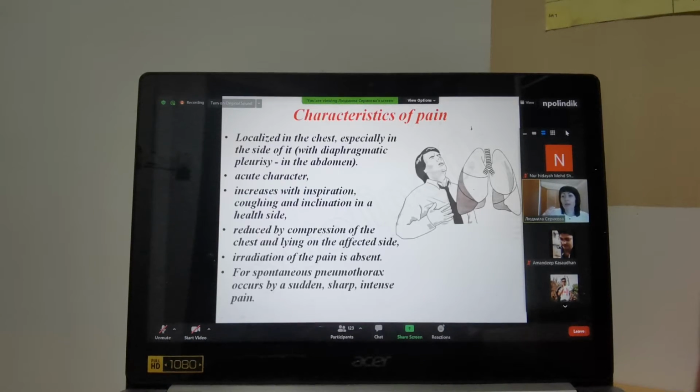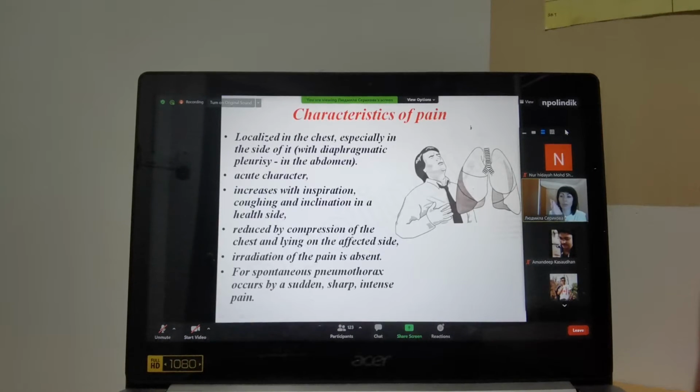If the affected side is known, the patient prefers to lie on the affected side. I think you explained before, because in the pleura we have two layers. Usually, movements of the pleural layers against each other are absolutely painless because we have some amount of fluid. In some situations, due to inflammation, it will be painful, because we have pain receptors here.